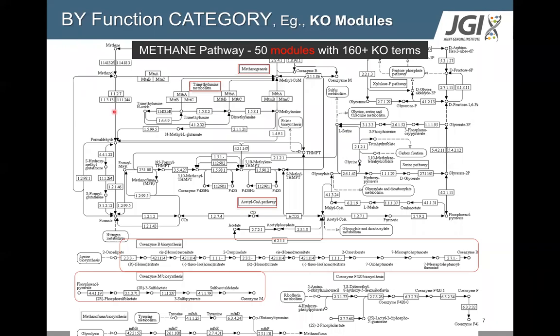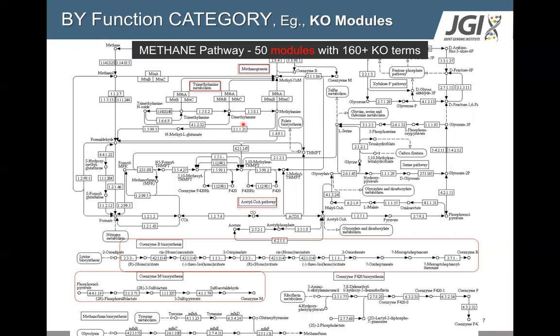These modules pertain to things like cofactor biosynthesis, CoM biosynthesis, and methanogenesis, which a lot of people are interested in, particularly from hydrogen and carbon dioxide. You have trimethylamine metabolism. So I hope everybody understands that these pathways are broken down into these smaller subsets or modules, and there are over 160 KO terms assigned to each of these modules.